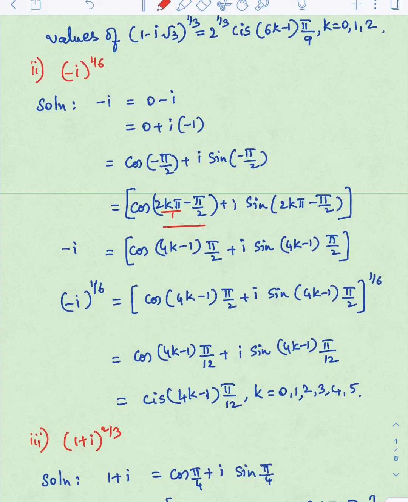Let us see here. Put 1, take LCM, you get 4kπ - π. So when you take π common, you get 4k - 1 here. Okay, like that we should take.